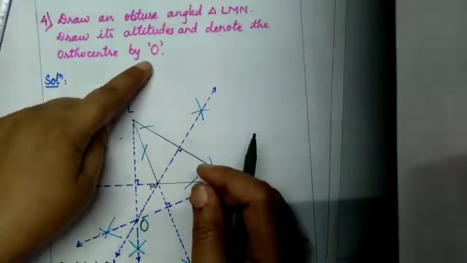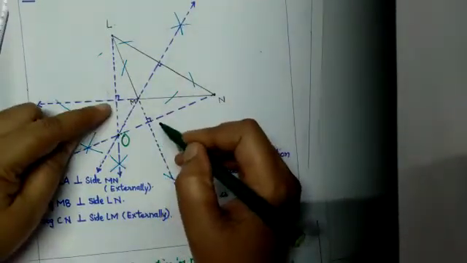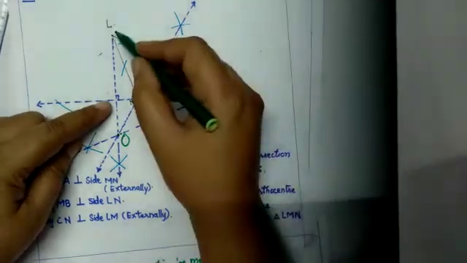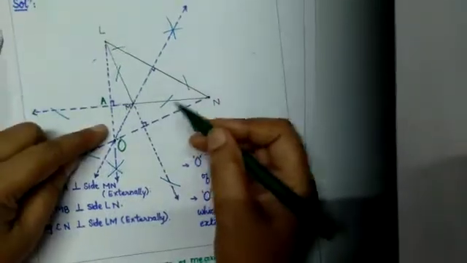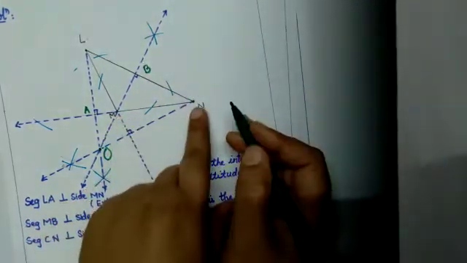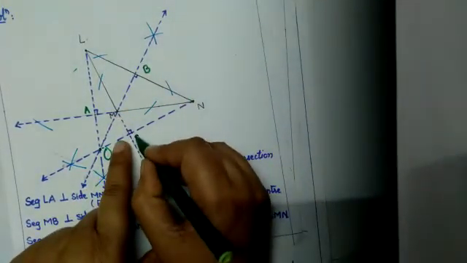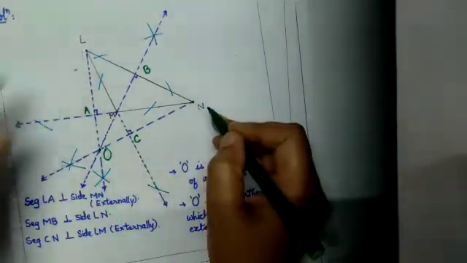Orthocenter by letter O. So we have denoted now. So in this way, let us give the name to the perpendicular. From L we will give this name as perpendicular LA, and from M we will give this name as MB, and from N we will give this perpendicular as C. So NC or CN. So now we have drawn the construction part.